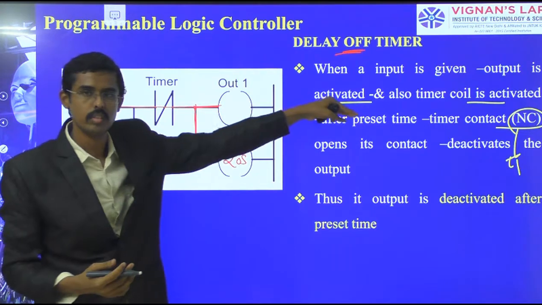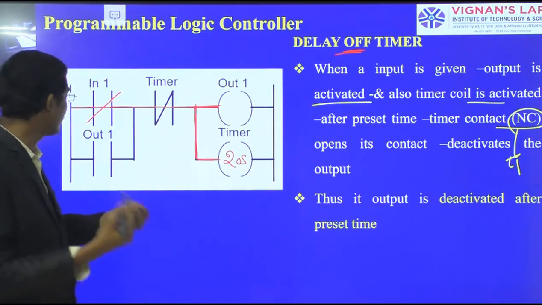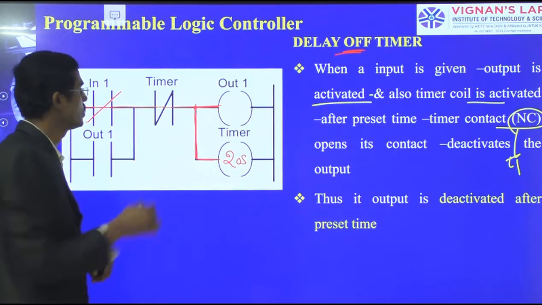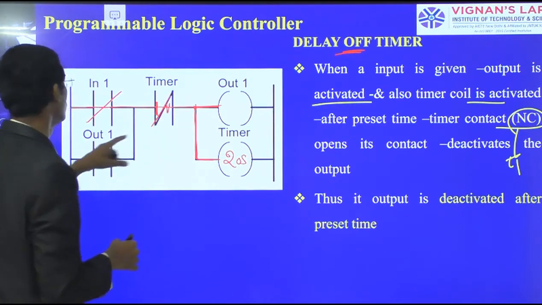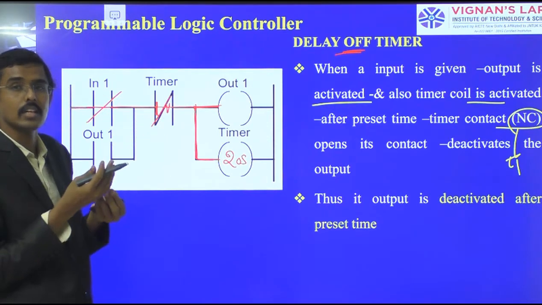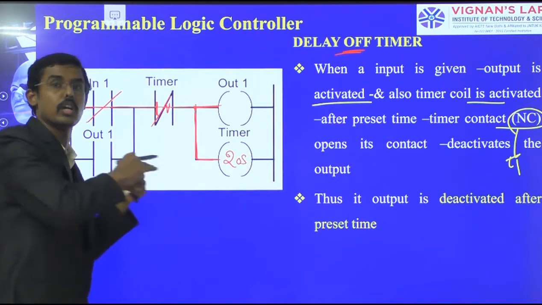The trolley is moving. After 20 seconds, this timer I have connected again to this point. You see, I have connected it again here. So now, this timer contact which is already in the closed condition, its initial position is closed, normally closed.